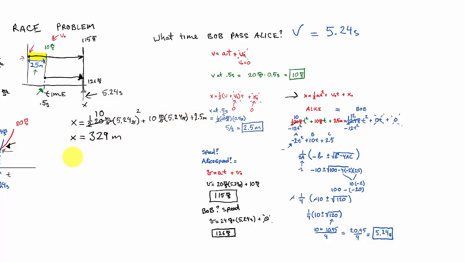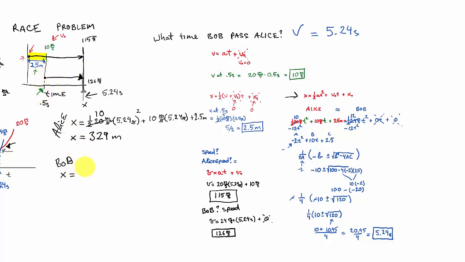It's good. Units are good. If you would like to double check yourself, this was for Alice. You can do Bob as well. It's actually even simpler, because he's starting at 0 with 0 velocity.